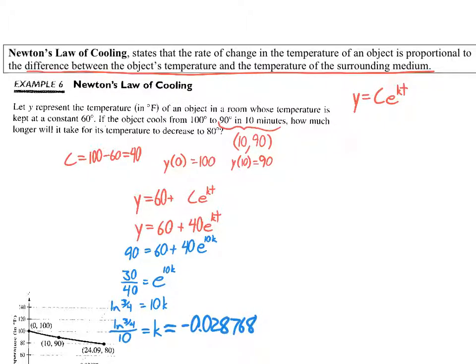We'll just go to there, okay? So now I know that my final model for the temperature is y equals 60 plus 40 e to the negative 0.028768 t power. Okay?